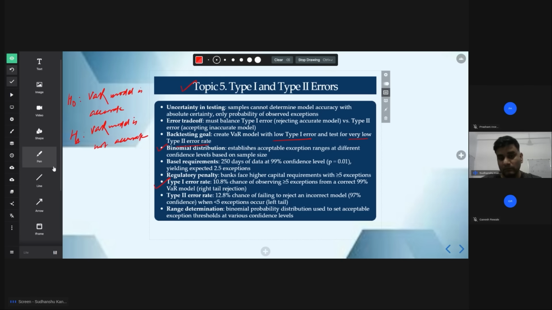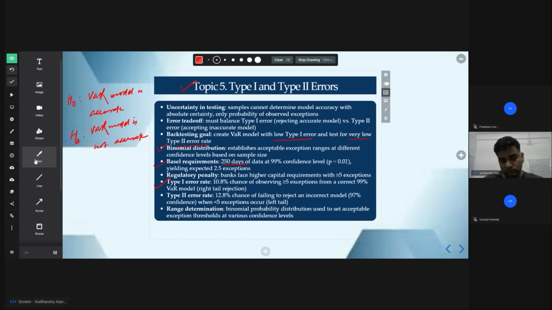The number of exceptions follows a binomial distribution. You establish acceptable exception ranges at different confidence levels based on the sample size. From this distribution, we can define your acceptable ranges of exceptions at each confidence level. And there are certain Basel requirements you need to know.